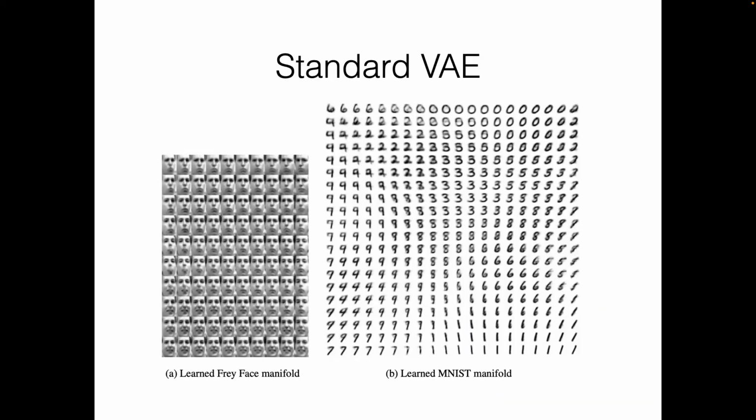Okay, so this is it for the standard VAE, and at the time, this introduced a new way of doing generative modeling. This led to a huge amount of research on improving these models, and these were basically the state of the art for generating images for a long time.